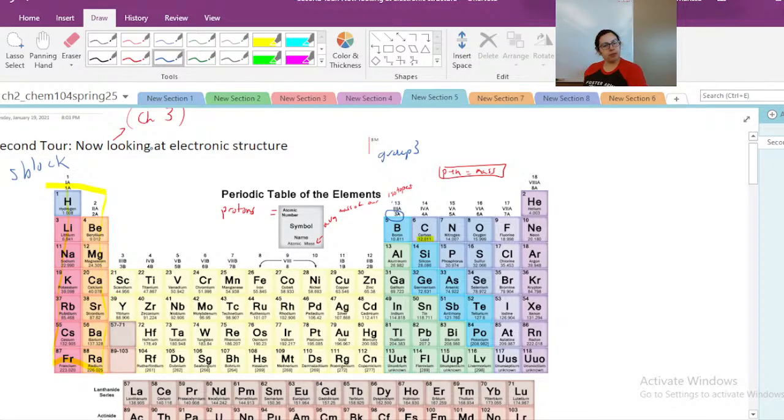Some things to note about our s orbital: all s orbitals only have one orbital in there, and they can hold 2 electrons. If you look at your periodic table, it's only 2 wide, so that corresponds to the capacity of our s orbital.